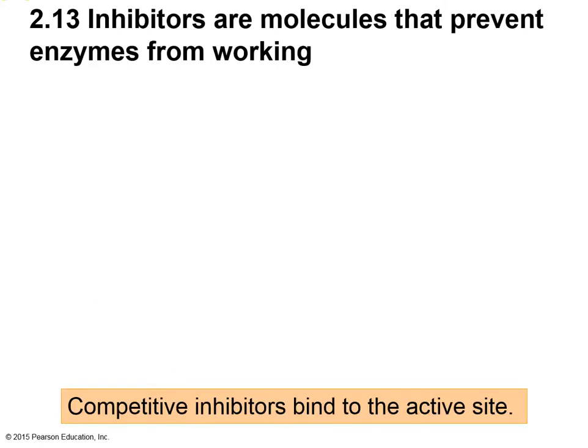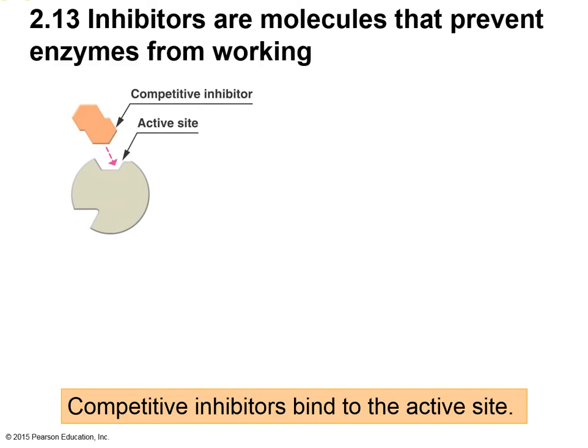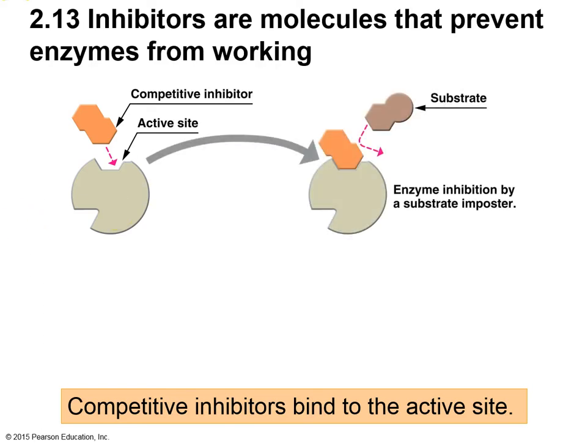So, an inhibitor is going to be a molecule that prevents the enzyme from doing its job. So it inhibits the chemical reaction. So we can see here, this is an example of a competitive inhibitor. Competitive inhibitors work by binding to the active site and blocking the active site so that the substrate can no longer bind. And so you can see here, this competitive inhibitor has a region that is similar in shape to the substrate, which allows it to sit in the active site.